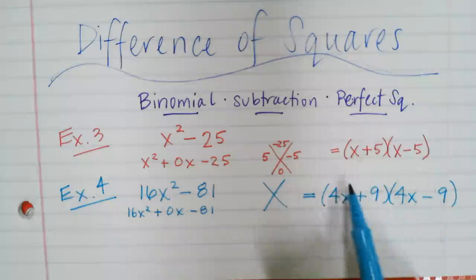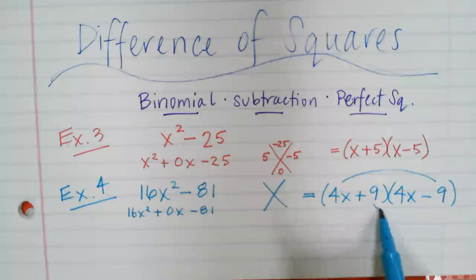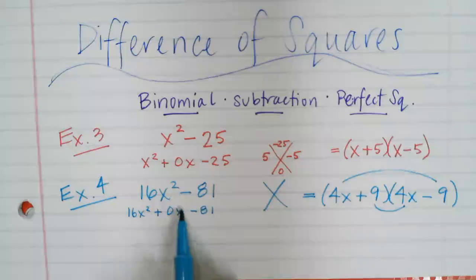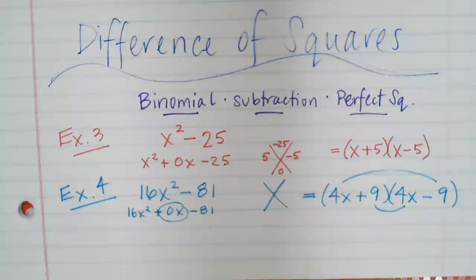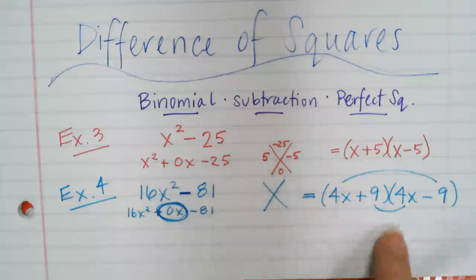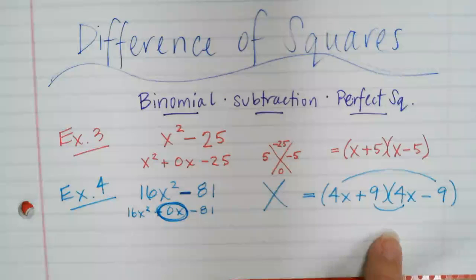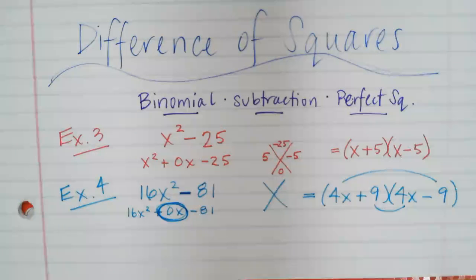And since these are identical right here, the middle is going to cancel out to be 0. So anytime you see the difference of two perfect squares, we know that that happens because the 0 was in the middle term, and that happened because they canceled out, and they canceled out because they were the same thing, but one positive, one negative.